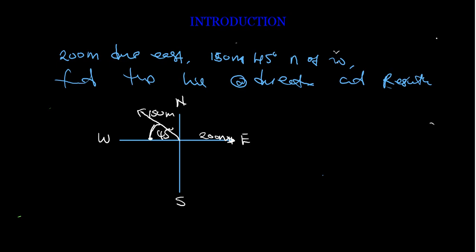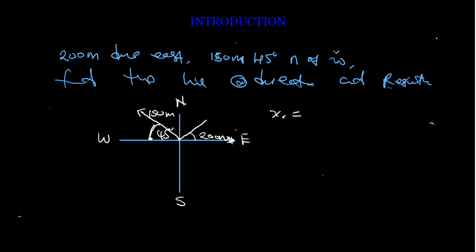Sometimes you can use a table, but my advice is this. Say we are finding for x now; there are only two vectors. For the x component of this vector, we measure the angle like that from the x-axis.